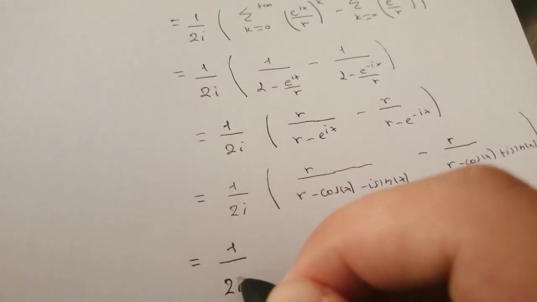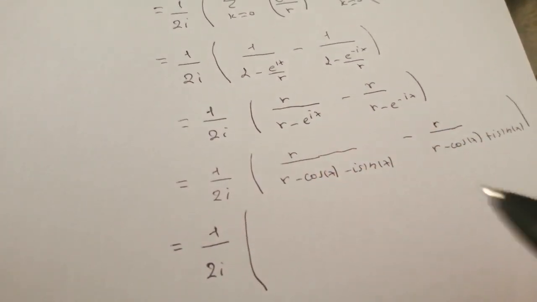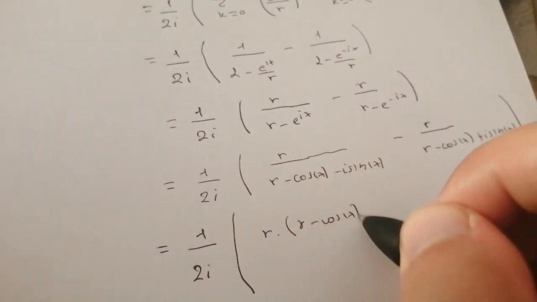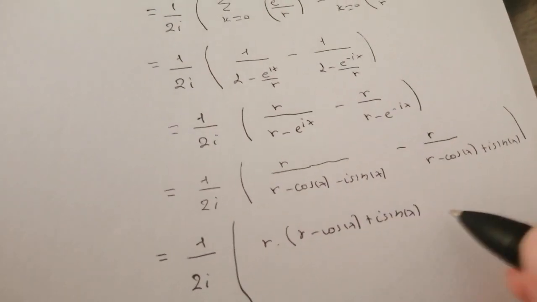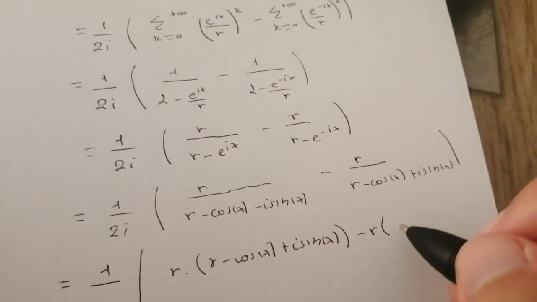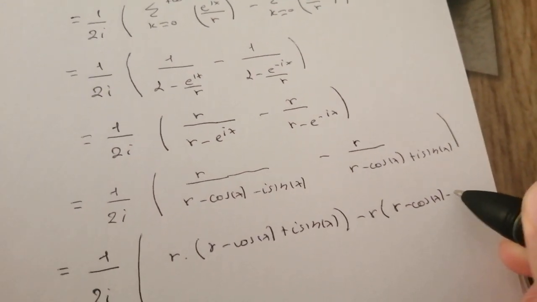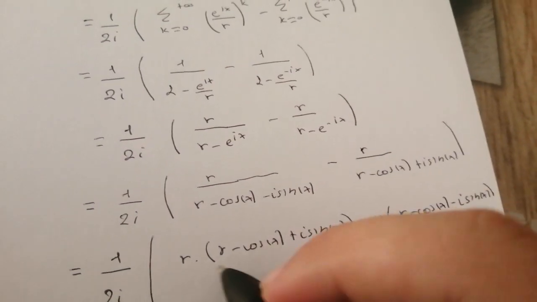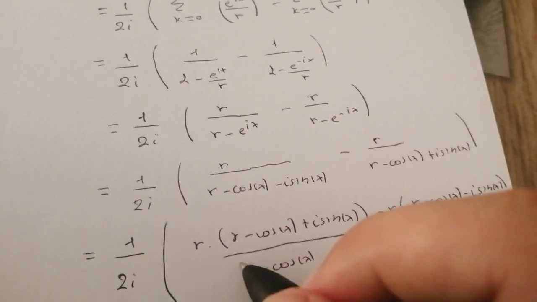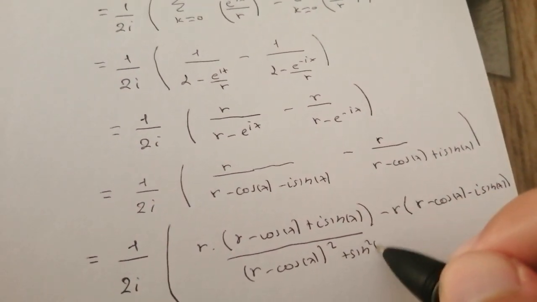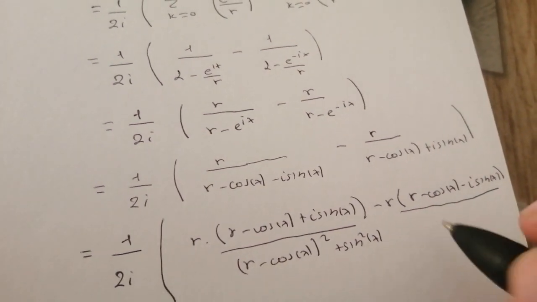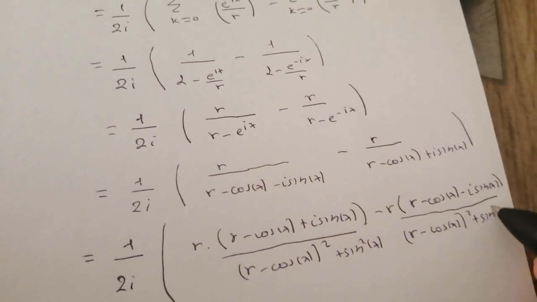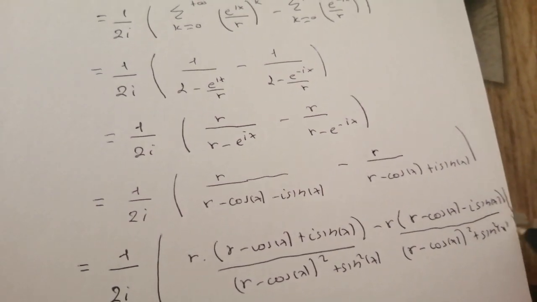So we will obtain 1 over 2i times a big parenthesis here: r times (r minus cos x plus i sin x) minus r times (r minus cos x minus i sin x), over (r minus cos x) squared plus sine squared of x, and again here we have (r minus cos x) squared plus sine squared of x, and we close the parenthesis here.